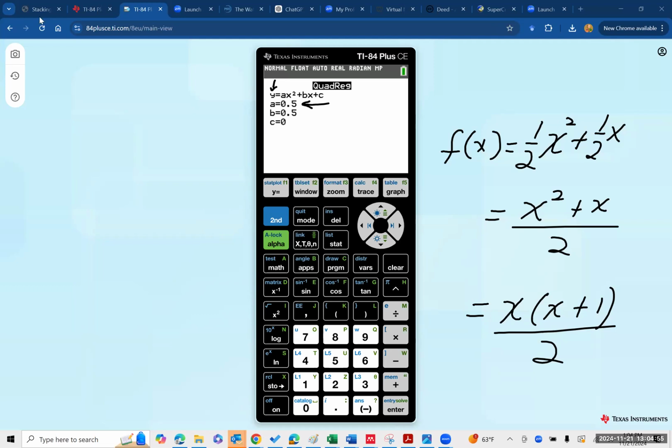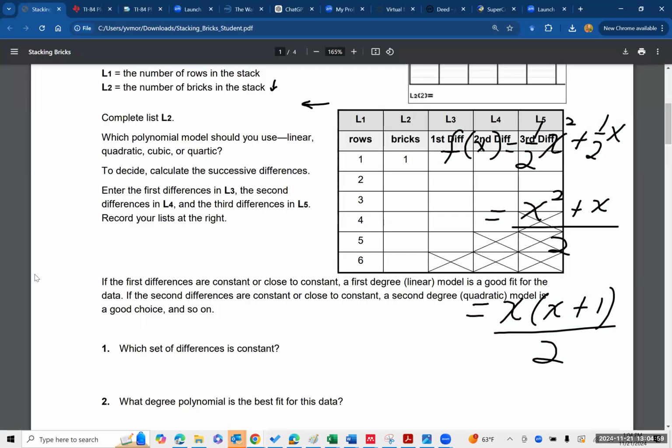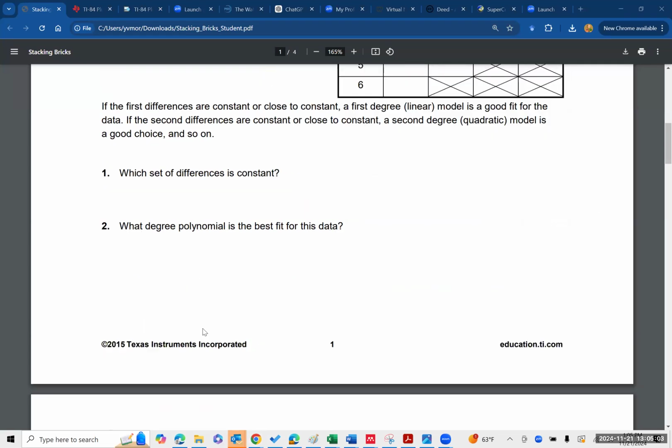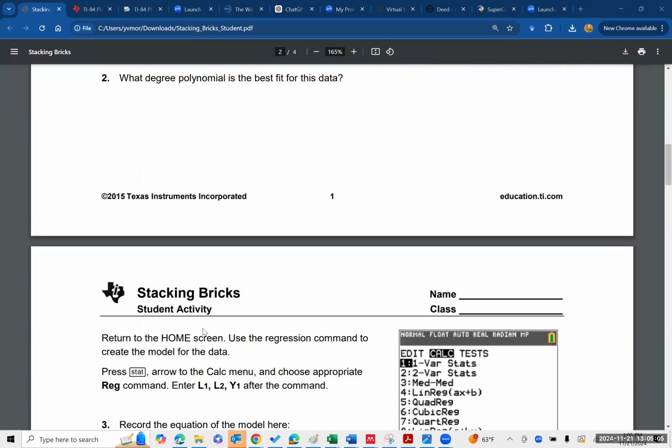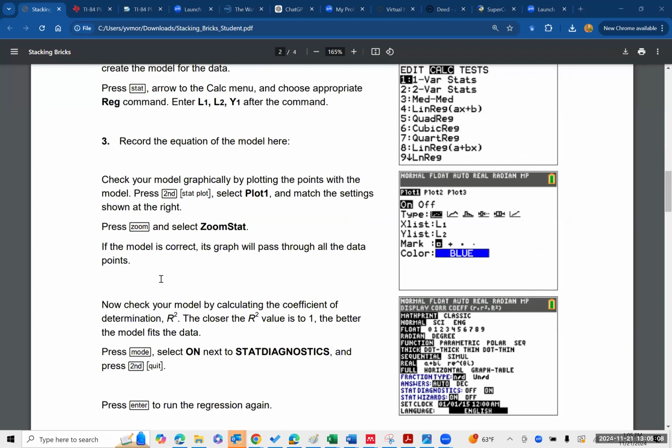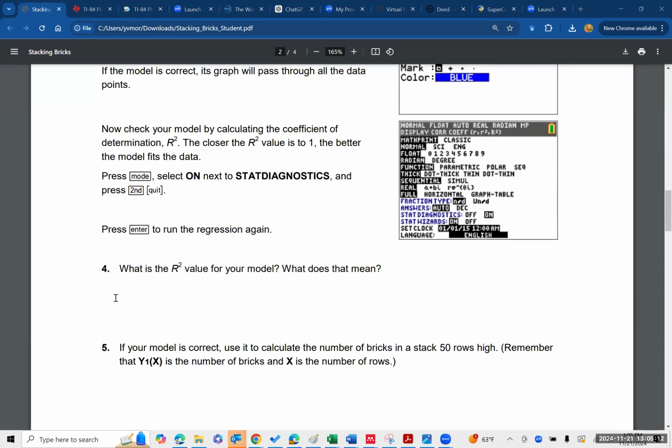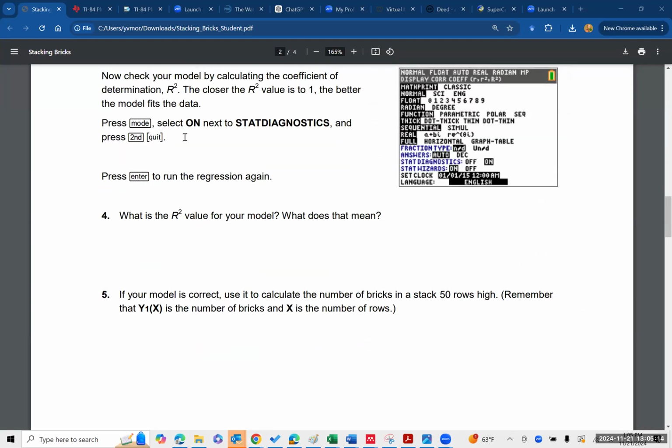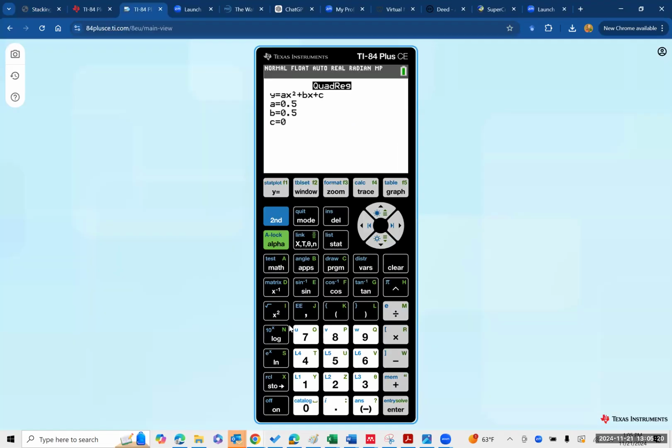And then let's just go back to the problem, because I think after that, you have to find the R squared value. So we could do that here in a second. And then you have to do some predicting for number 5. So I'll let you complete this by doing number 5, but I will show you how to get the R squared on here.